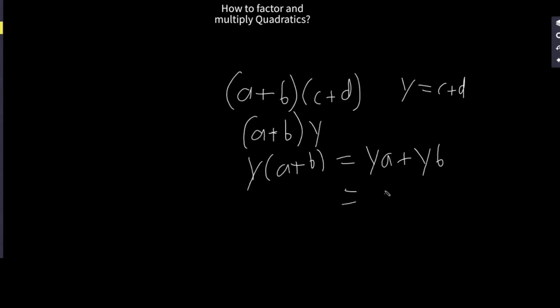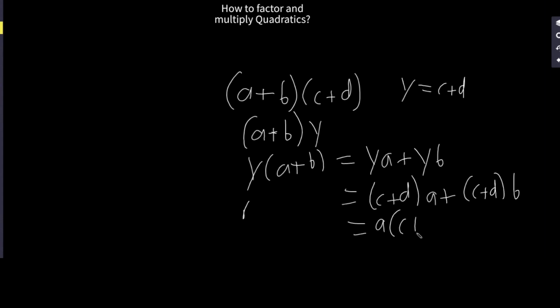So we can simplify this further by writing this as (c plus d) times a plus (c plus d) times b. Let me rewrite this one more time: it's a times (c plus d), and we just changed the order here, so not anything really special.